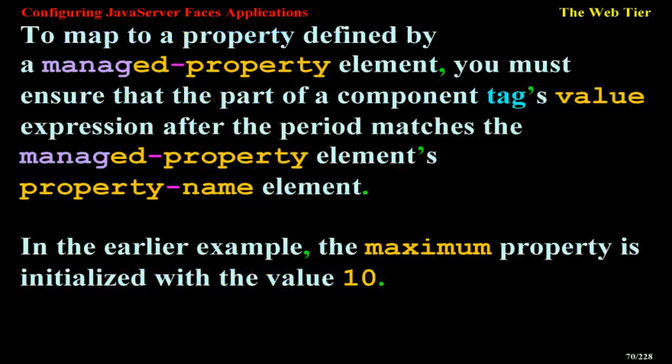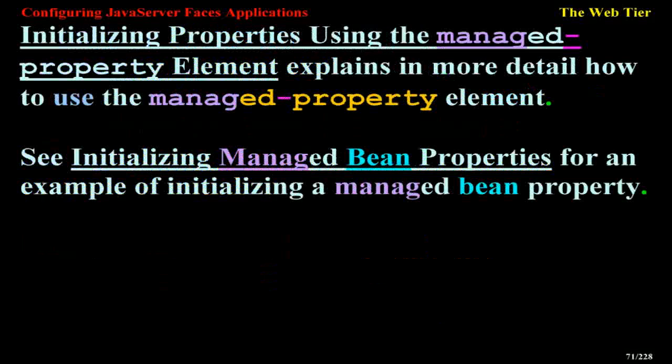In the earlier example, the maximum property is initialized with the value 10. Initializing Properties Using the Managed Property Element explains in more detail how to use the managed property element. See Initializing Managed Bean Properties for an example of initializing a managed bean property.